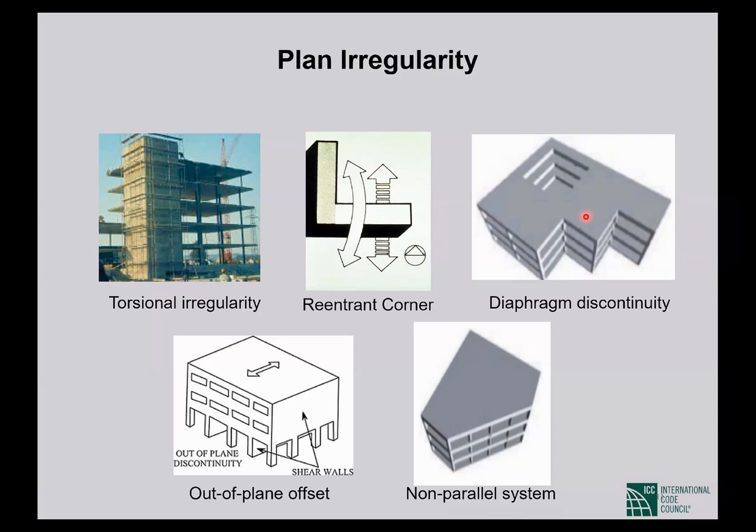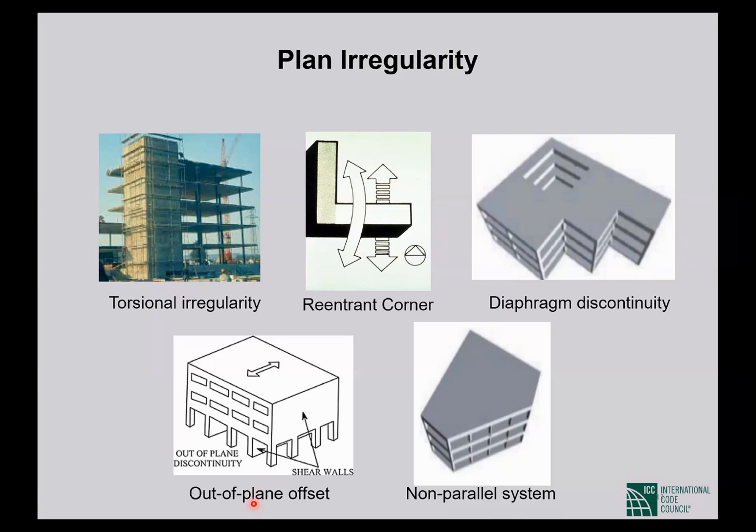Diaphragm irregularity: if we have punches like these in a diaphragm, like the floor slab, then if the size of the punch is quite substantial, it is written in the code what percentage of the floor area we can allow for the punches. If the opening is quite large, in that case, it may become diaphragm discontinuity.